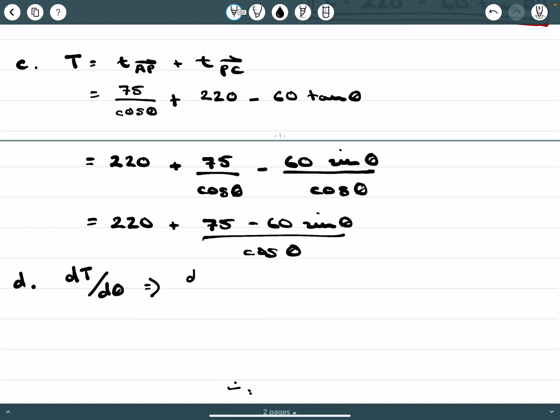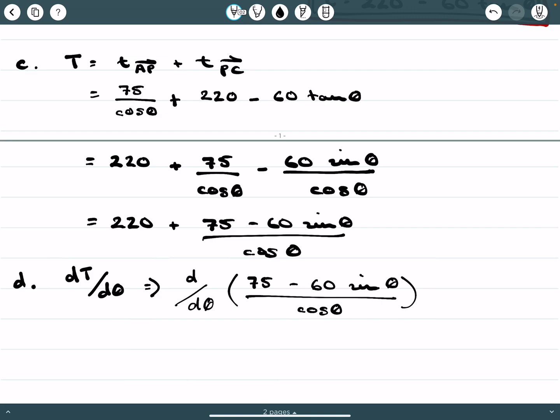We can leave the 220 out. Sorry, I'll just clean up the sheet a little bit. What we're looking for is the derivative of 75 minus 60 sine theta on cos theta. Now, we have a quotient rule here.